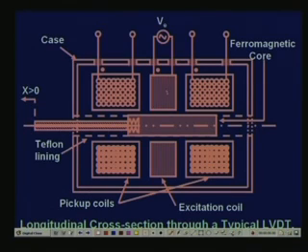This shows the construction. This is the primary coil, and these two are the secondaries. The flux passes like this. This is the core, which is connected to the motion. If the core is placed, let us say here, then the flux will link much of these coils.